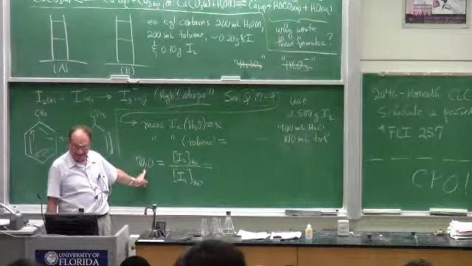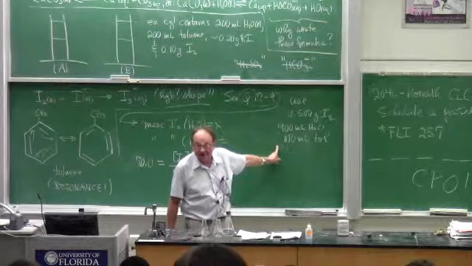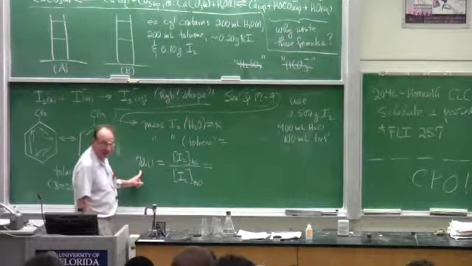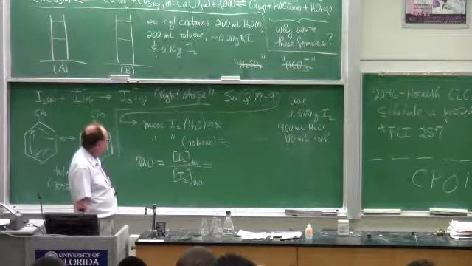So even if I do this, the bulk of the I2 is still going to be in the toluene layer. Because 9 to 1 is hardly 70 to 1. All right? Now how do we do the calculation?